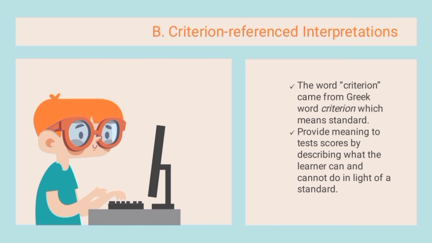But if you meet as well as exceed that standard, that is the case that you pass or you succeed in the evaluation or the test. It provides meaning to test scores by describing what the learner can and cannot do in light of a standard. So using criterion-referenced interpretation, malalaman mo dito kung pasado ka or you failed in that exam or test.